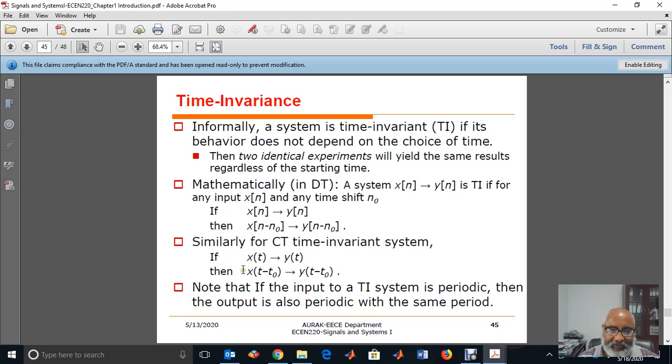Mathematically, if I have an input x of t, it gives me y of t. Then if the input is shifted by time t naught, remember x of t minus t naught means shift of the input by t naught. If t naught is positive, the shift is to the right, or the input will be delayed.